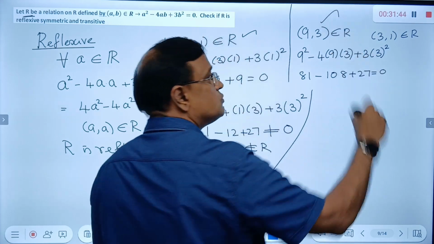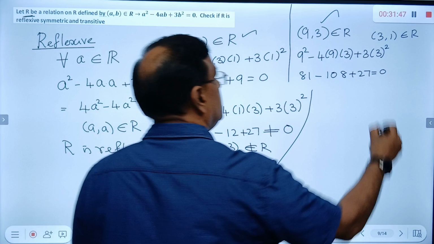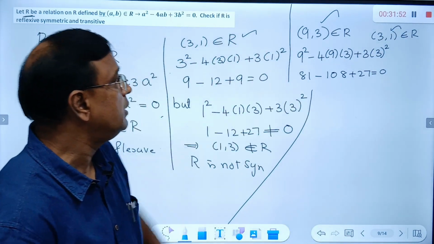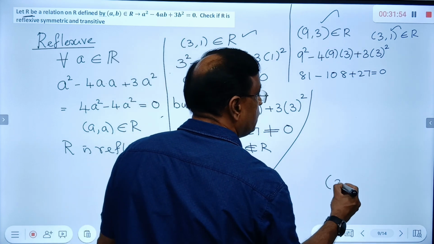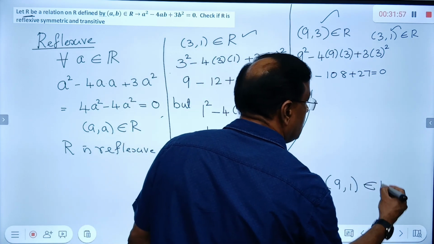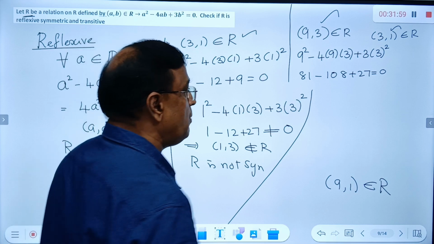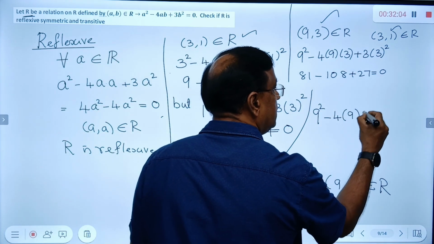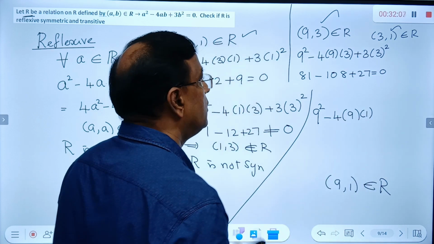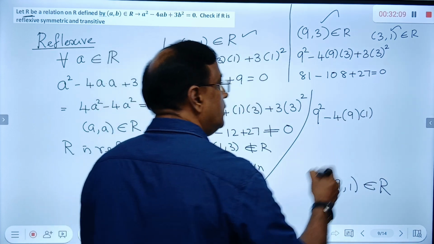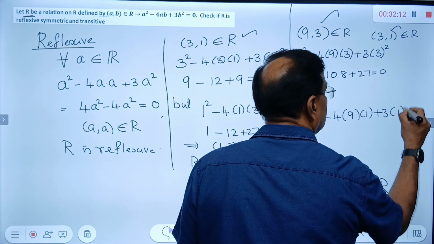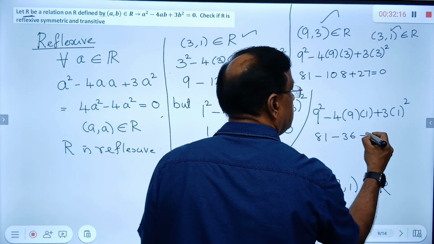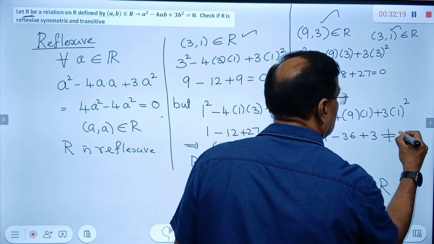So this relation is true, and this relation is also true. Now I want to check whether (9, 1) belongs to R or not. 9² − 4·9·1 + 3·1² is 81 − 36 + 3, which is definitely not 0.